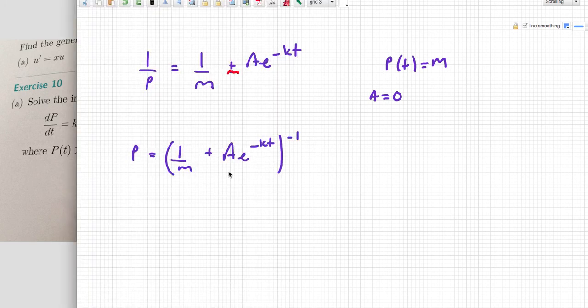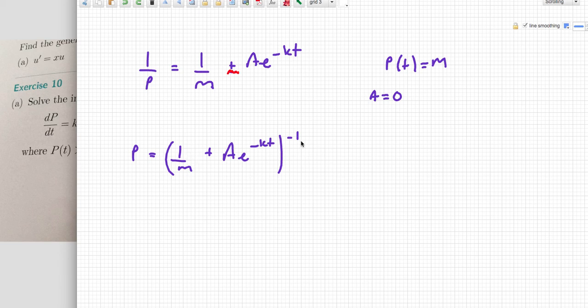But when we actually solve it, if p is equal to m, it doesn't make sense, because if we do the reciprocal of 1 over m, okay, that gives m, but there's this extra bit as well. So the only way that could happen is if a is equal to 0, which is what I've written there. I hope you're following this so far, but this is almost correct.